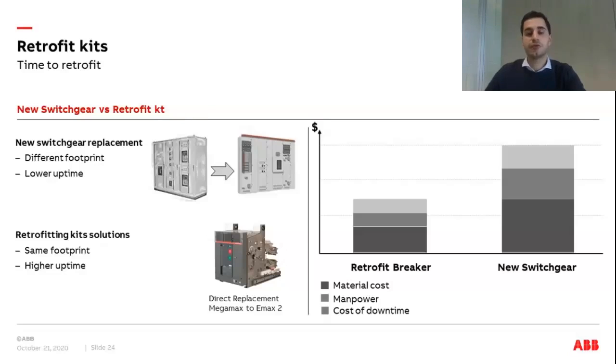In fact, the footprint is the same, and you can imagine the difference between dismantling the existing switchgear, developing and building a new generation one, and removing just the moving part of the old breaker to rack in the new moving part of Emax2 or T-Max 60. That's the case of direct replacement. The difference is very high. Here in the picture, there is a direct replacement from Megamax to Emax2. You can see the special moving part.